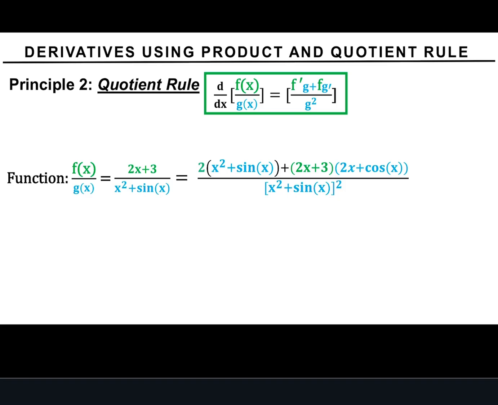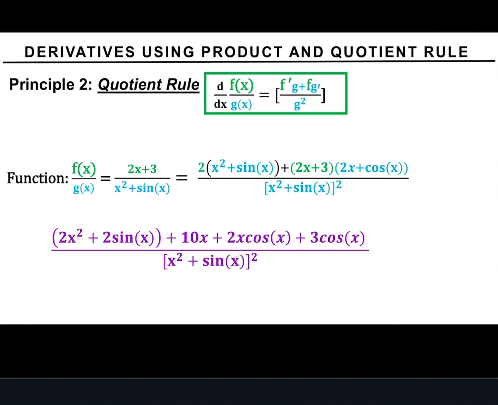So let's plug this into our equation now. F prime g plus f g prime over g squared. Simplifying it out, we'll have to use FOIL again. And the bottom is going to remain as g squared.